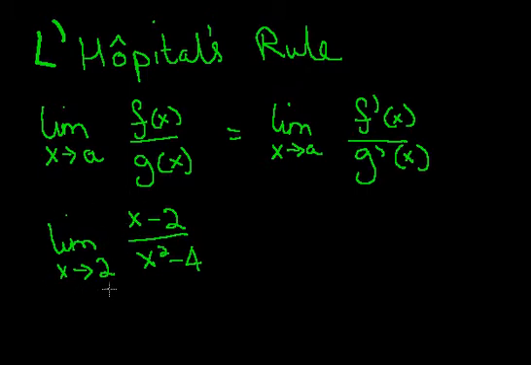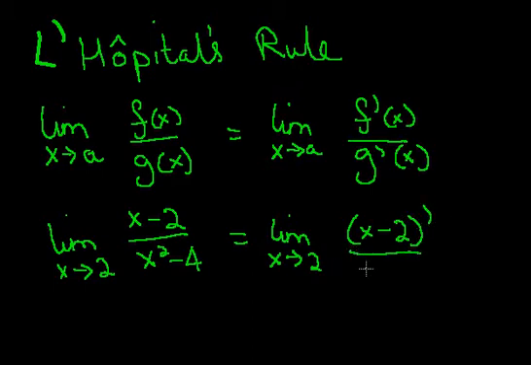But what L'Hopital's rule says is that this limit right here is exactly the same as the limit as x tends to 2 of x minus 2 prime over x squared minus 4 prime.